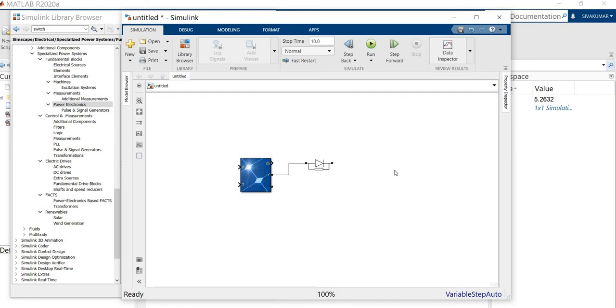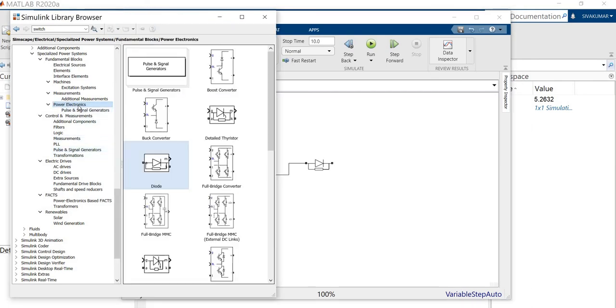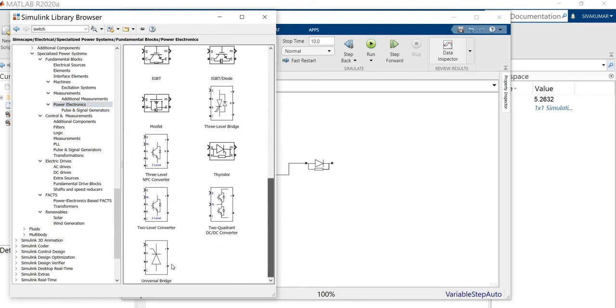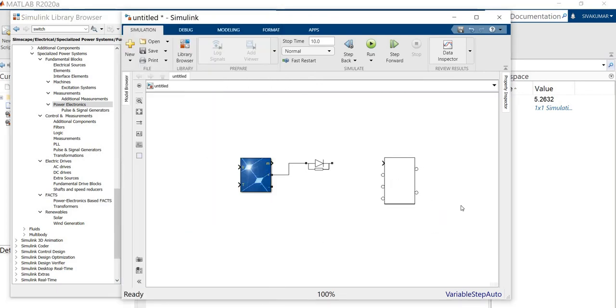The inverter circuit is obtained from the power electronics blocks. This is the power electronic block, and this is the universal bridge. Why is it called a universal bridge? This bridge contains the rectifying option and the inverter operation, and also the diodes, IGBT, MOSFET, everything is available.